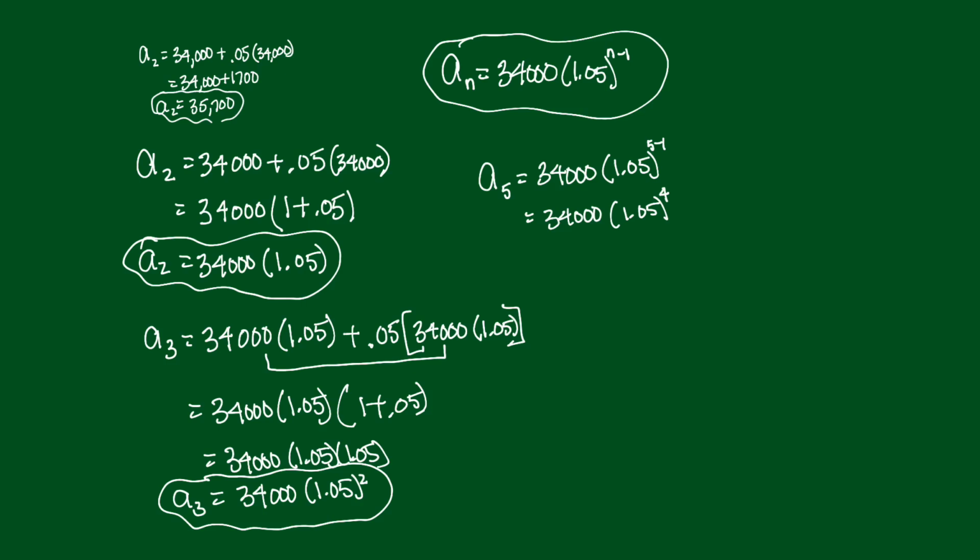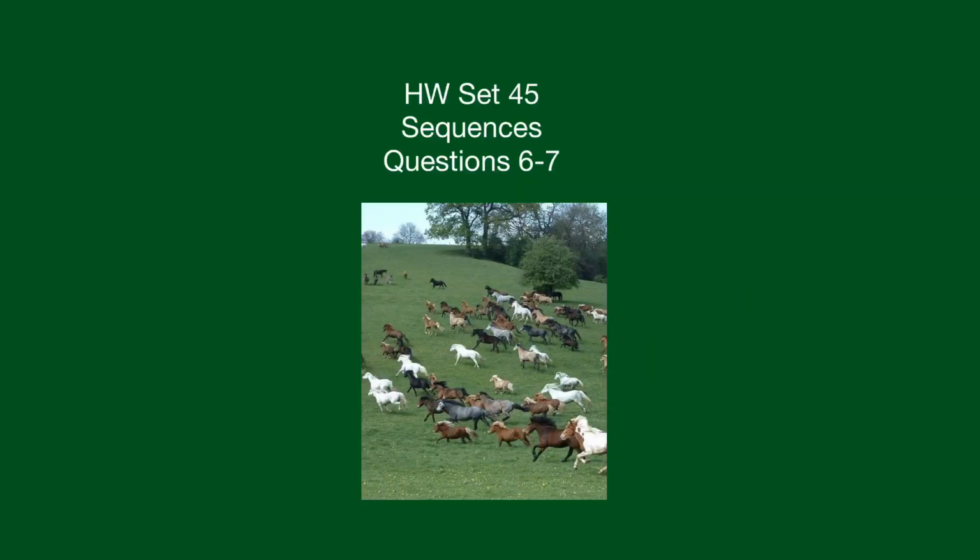Now, on your calculator, put in 34,000, parentheses, 1.05, and then raise it to the 4th power. And I did that, and I got A sub 5 being 41,327.25, which matched just exactly what I had on the last page. So I think our formula is correct. That answers questions 6 and 7 on our homework set 45.